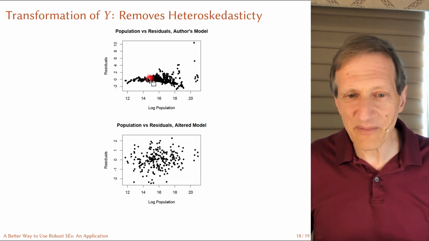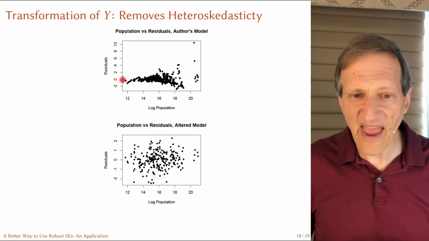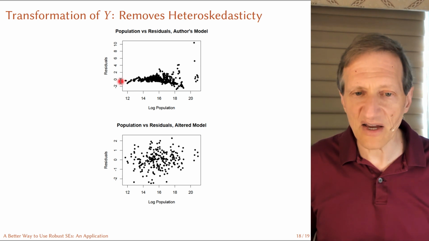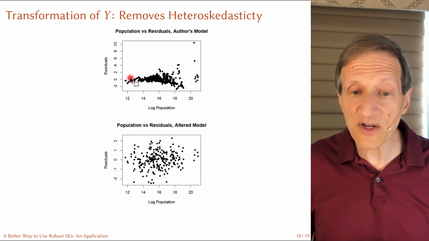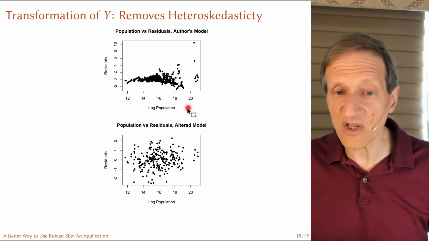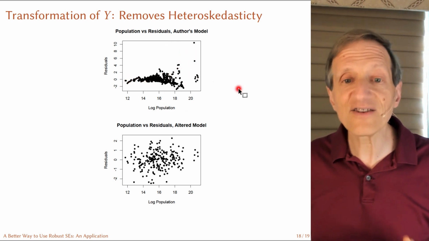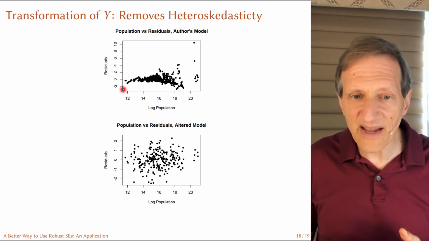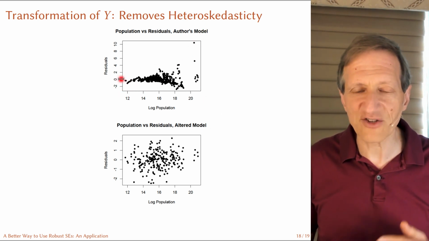So 0 means no error, and the error from 0, either up or down on this axis, is very small for small log population, but very large when log population is large. This is textbook heteroscedasticity. It basically goes up like that and down like that, right? So it fans out.